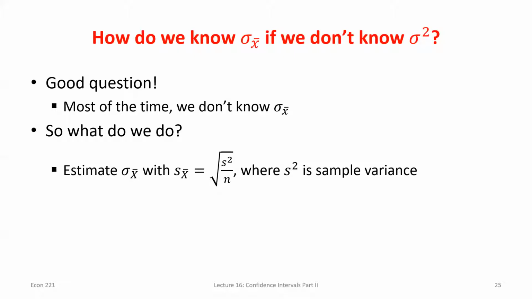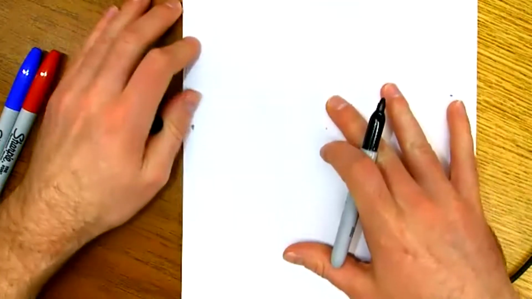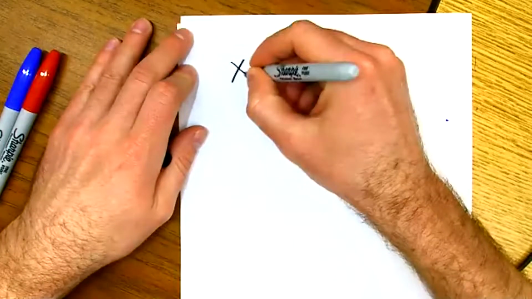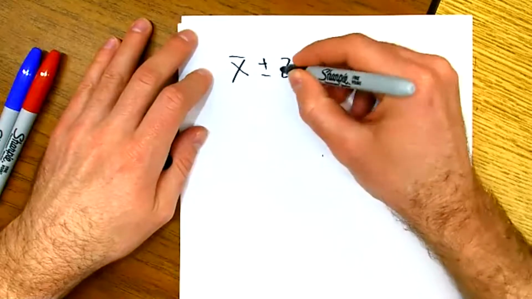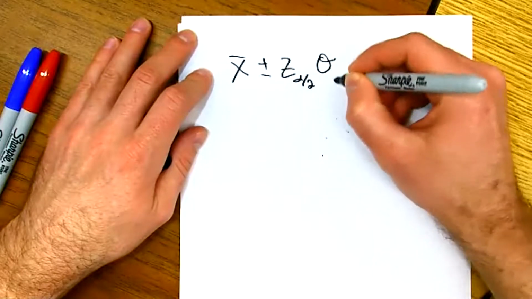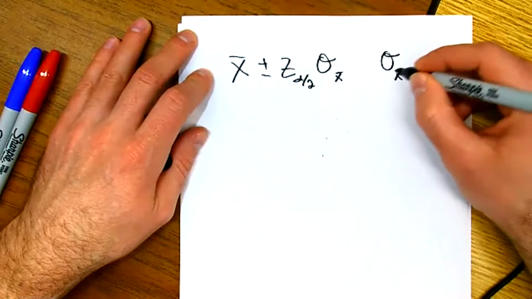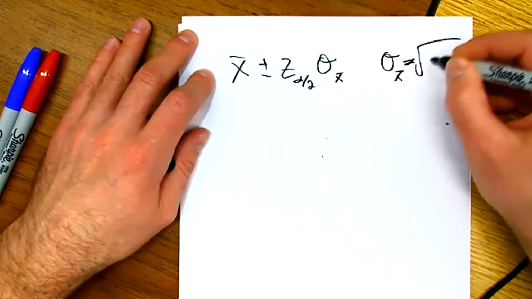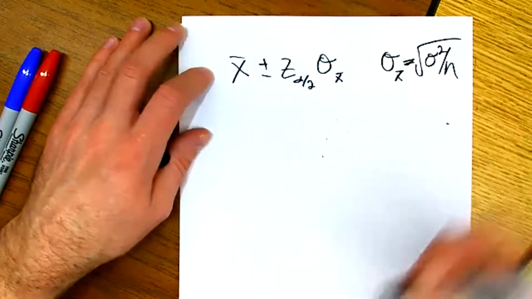Okay? So what is this going to affect? Well, can I just go on and do the same procedure as before? Kind of, but there's going to be a slight wrinkle in it. Before, when we knew the population variance, this was the setup.